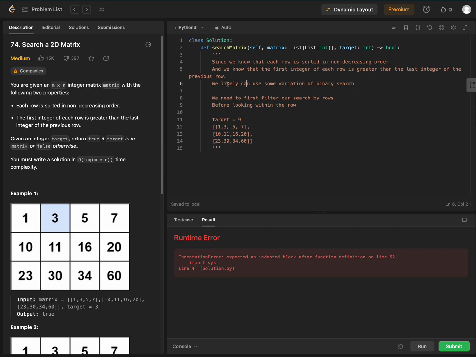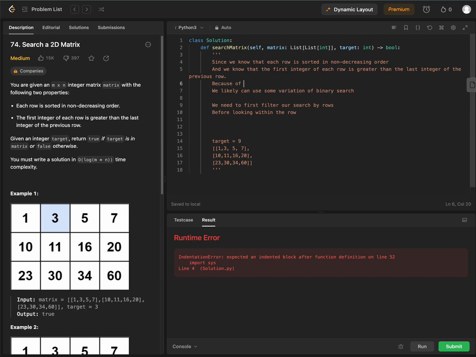Essentially the combination of these two properties tells us that this entire array is sorted in ascending order. This element here will always be smaller than the element here, because of these two properties.